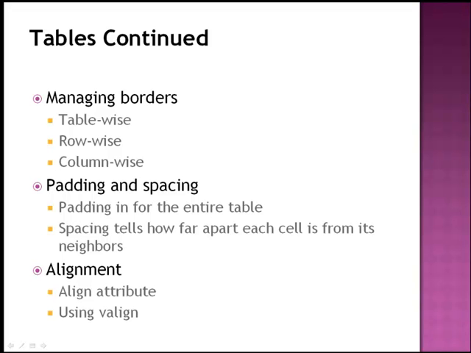The space between the borders and the contents is essentially called cell padding, and you can have different sizes for the padding between the contents of different tables and their borders. The cell padding is only set as an attribute of the table element. So you can set the padding for the entire table, and it would affect all of the cells within the table. So you can't have different paddings for individual cells.